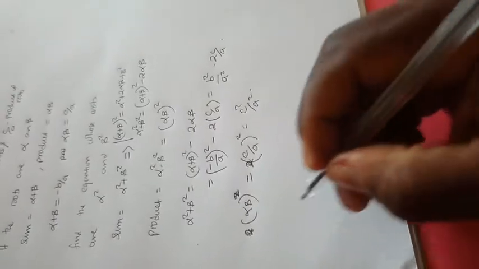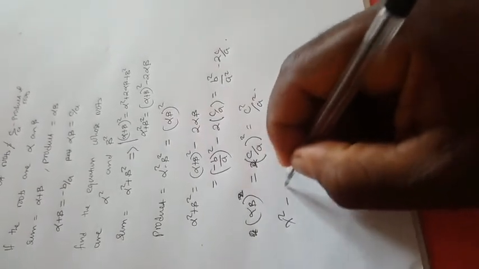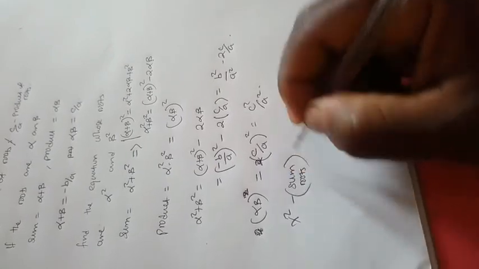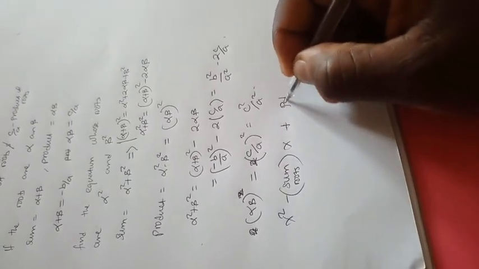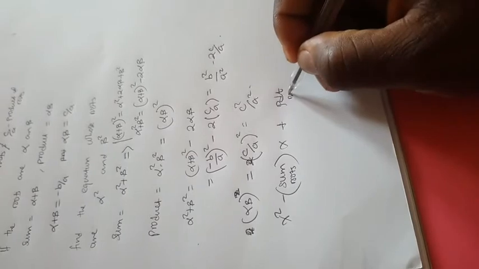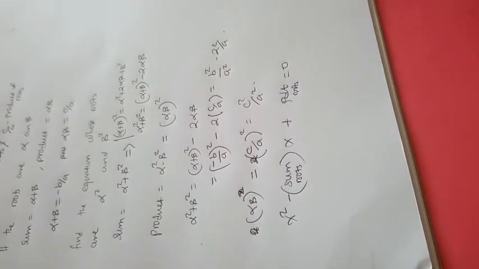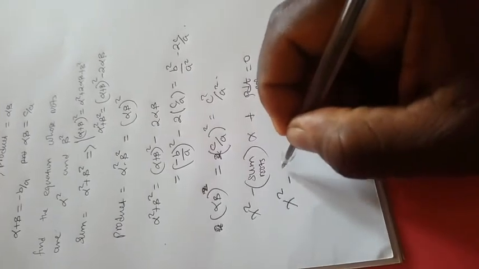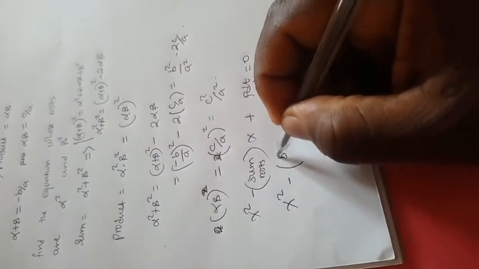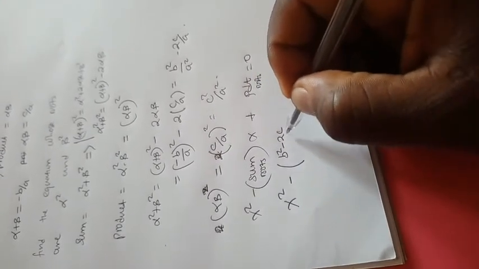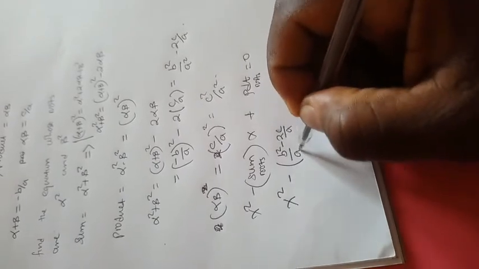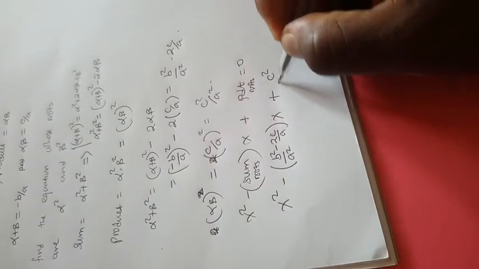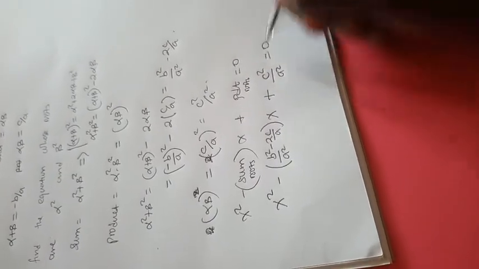Then still, the definition says x squared minus the sum of the roots times x plus the product of the roots should give us what? 0. So we shall have x squared minus, the sum is b squared over a squared minus 2c over a, times x plus the product, which is c squared over a squared, is equal to 0.